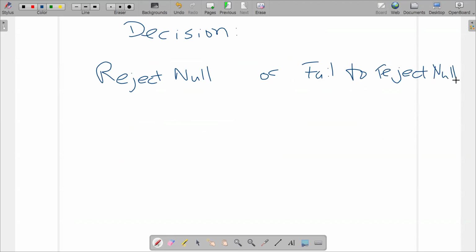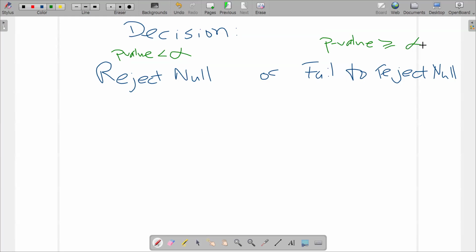And we make those decisions based on comparing the p-value to the significance level. So if the p-value is less than the significance level, we reject the null. If the p-value is greater than, or say equal to, alpha, then we will fail to reject.